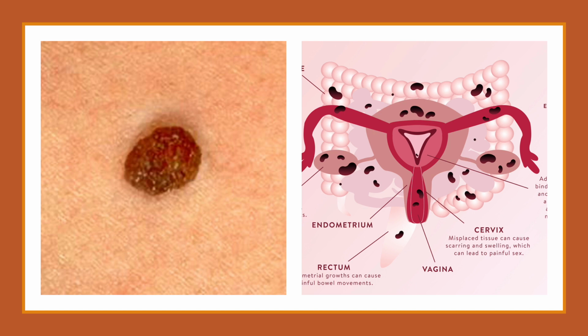All right. This is just a look at abnormal cells. This is a mole here on the left, and this is an example of endometrial tissue, which is normal endometrial tissue. It's just occurring where it's not supposed to be. So it's benign tissue, and the lesions strongly resemble the parent tissue, the endometrium, and perform the same differentiated functions.